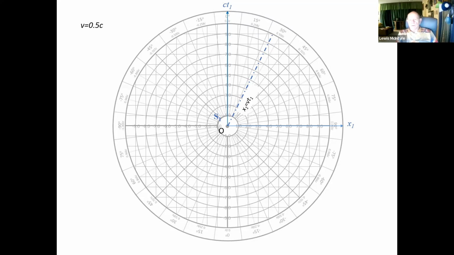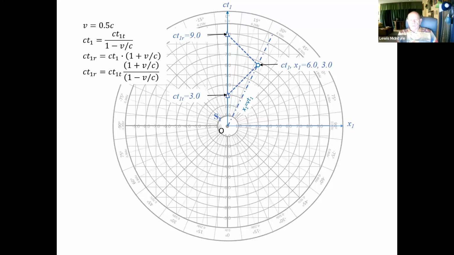Sam has mapped out her trajectory as x1 equal to vt1. At 3 in the afternoon, Sam's radar sends out a pulse, which comes back at 9 p.m. Sam determines that Sally was at 3 light hours distance at 6 p.m., right on her world line.